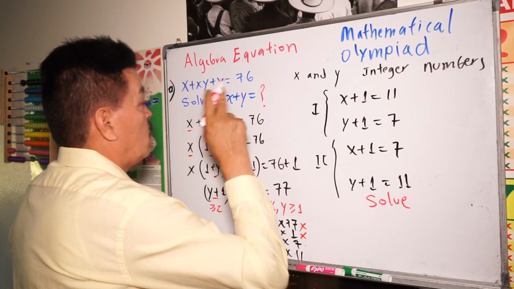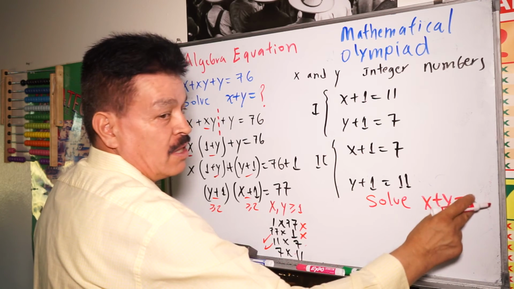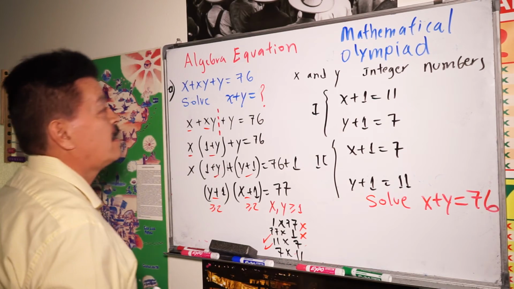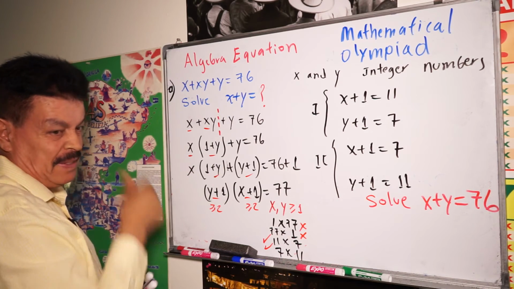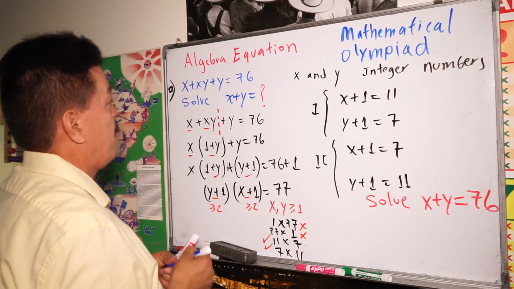Solve x plus y equals 76. Then we are able to write the equation right now.